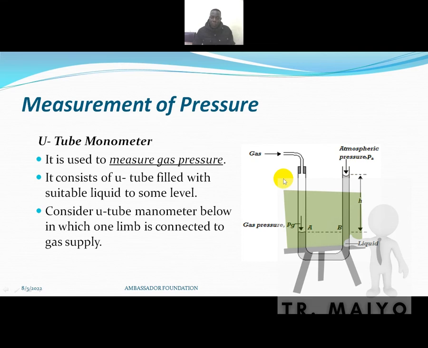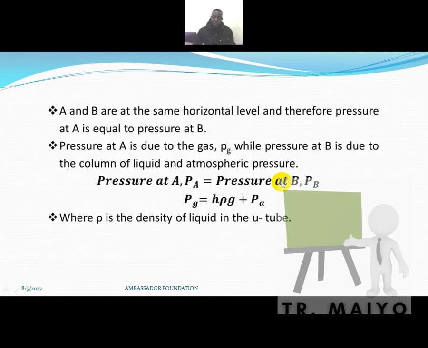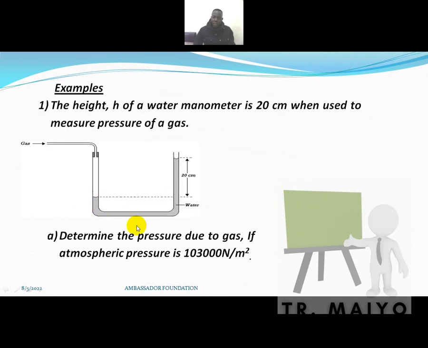I will give you an example. Look at this. The gas has pushed and the liquid has risen 20 centimeters above the height of the liquid in the other arm. Then we are told to find the pressure due to the gas if the atmospheric pressure is 103,000. Sometimes they give you atmospheric pressure, but this part is closed.